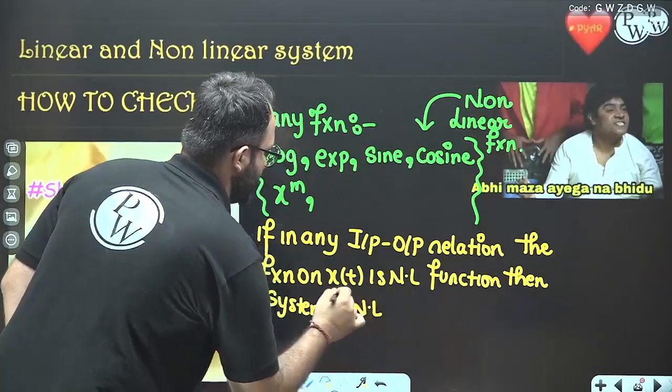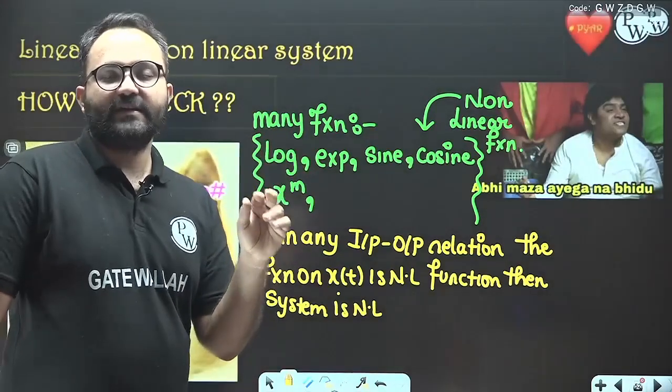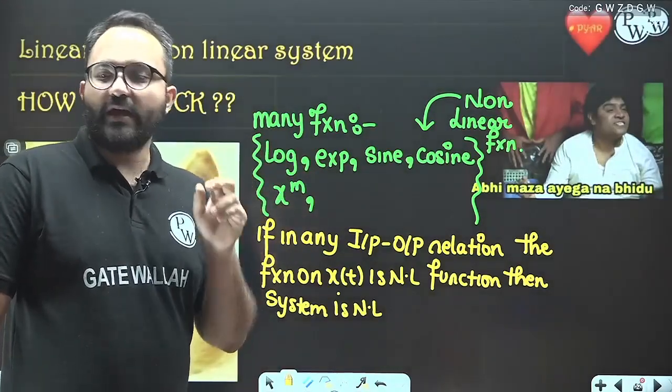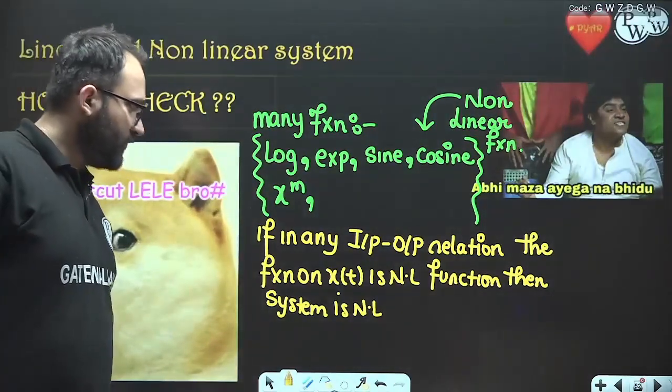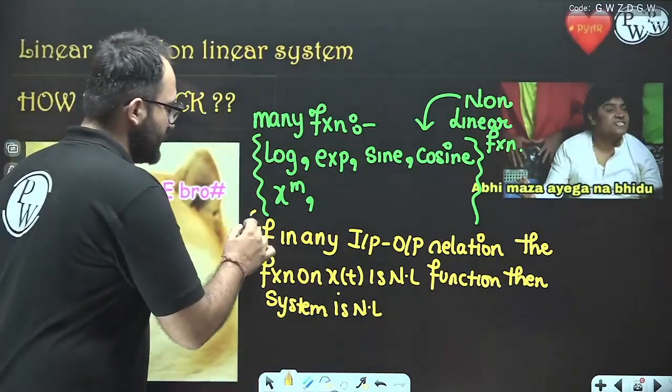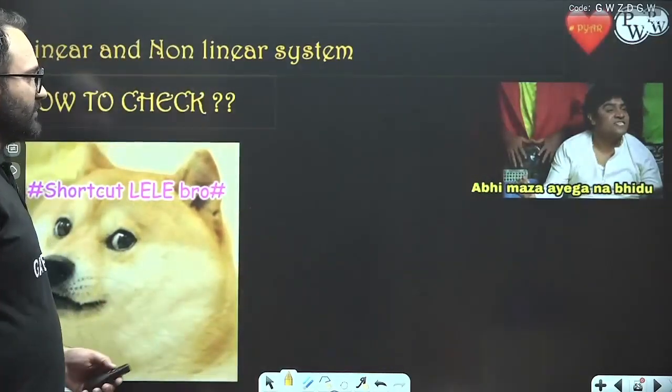If we have any non-linear operation on x, then the whole system is non-linear. This is a very important statement where we can directly see the result.